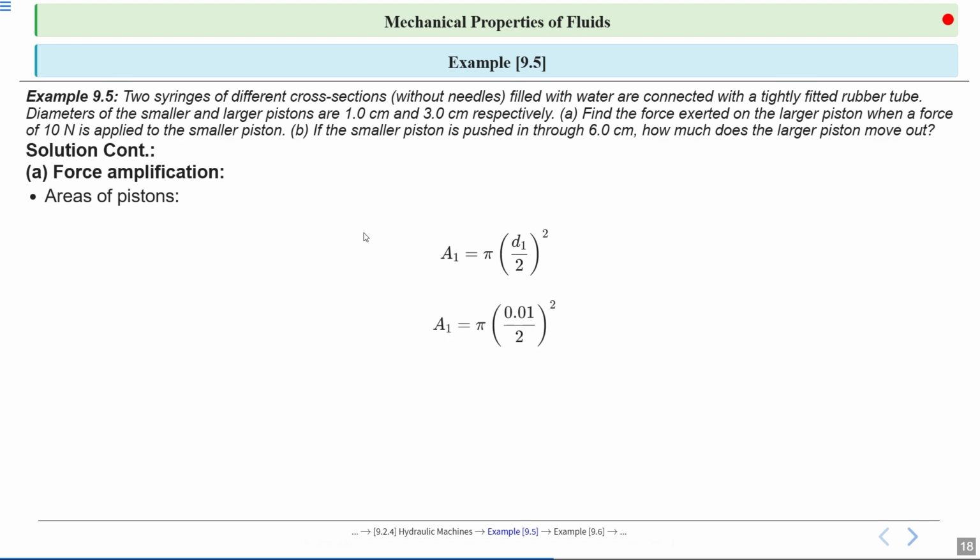Substituting the diameter of the smaller piston, A1 equals pi into 0.01 divided by 2 whole square. Solving this, A1 equals pi into 25 into 10 raised to the power minus 6 meter square. This gives us the area of the smaller piston in square meters, which is necessary for further calculation involving force and pressure.